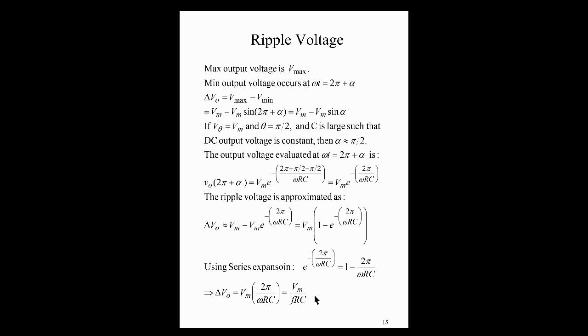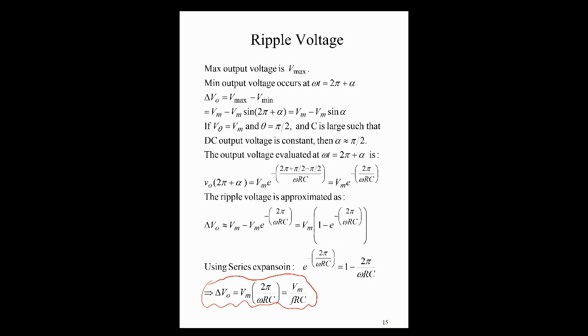So if you didn't quite get the mathematics, you need to know this part, right? That the ripple is just the peak divided by the frequency times the resistance times the capacitance.